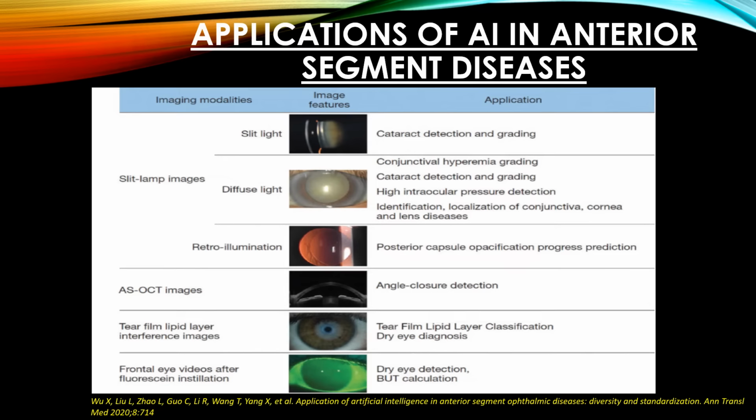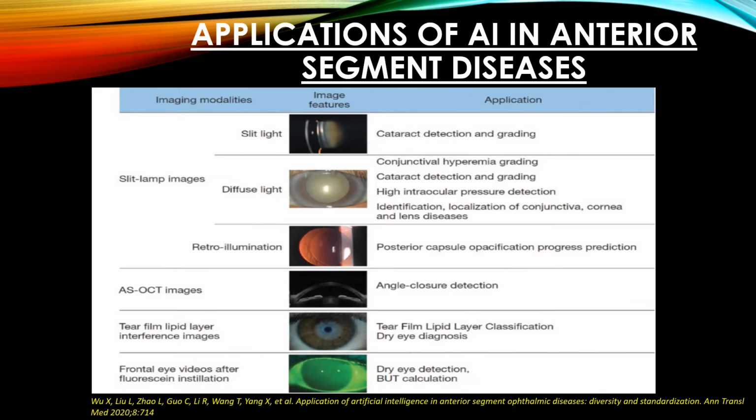So these are the different uses in the anterior segment. On slit lamp, it can help us in cataract detection and grading, conjunctival hyperemia grading, high intraocular pressure detection, identification and localization of conjunctiva, cornea, and lens diseases. On retroillumination, it can show us how a posterior capsule opacification is progressing. On ASOCT images, it can help in angle closure detection.